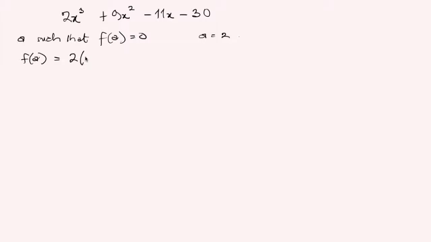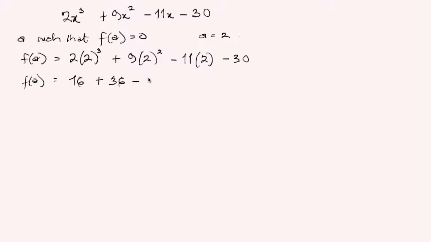So that will be 2 into 2 cubed plus 9 into 2 squared minus 11 into 2 minus 30. So f of a, 2 cubed is 8. 8 multiplied by 2 is equal to 16. 2 squared is equal to 4. 4 multiplied by 9 is equal to 36.